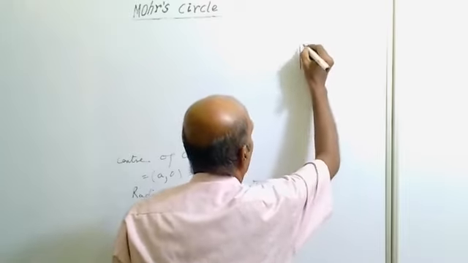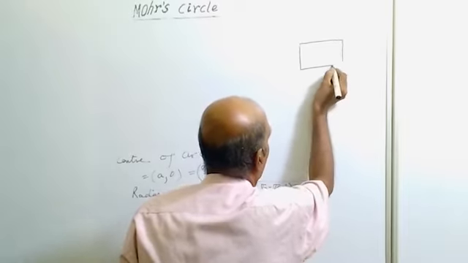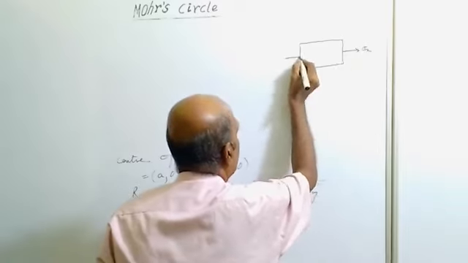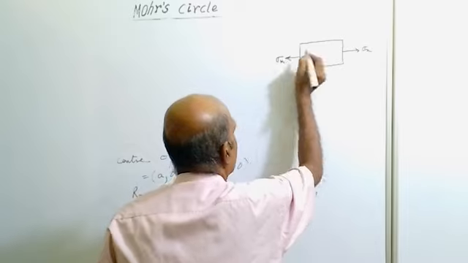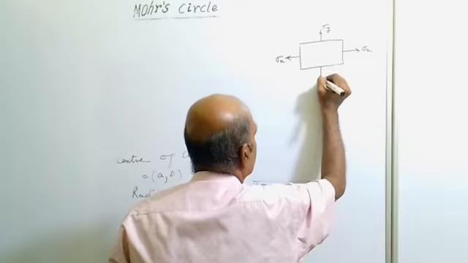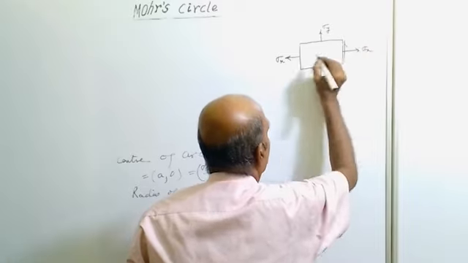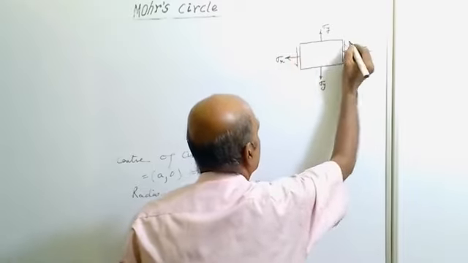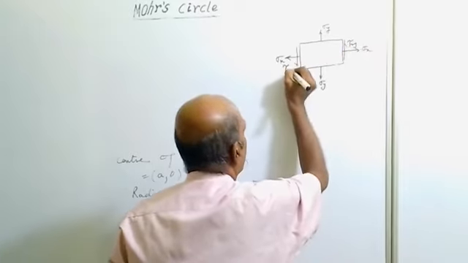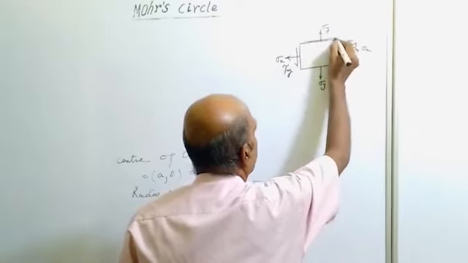This is the stressed body. The body is under sigma x stress, that is tensile, acting along the x direction, and sigma y stress acting in the y direction, that is also taken as tensile. Then tau xy, which is acting on the x face, we are considering to be in anti-clockwise sense, and tau xy on the y face is in clockwise sense.